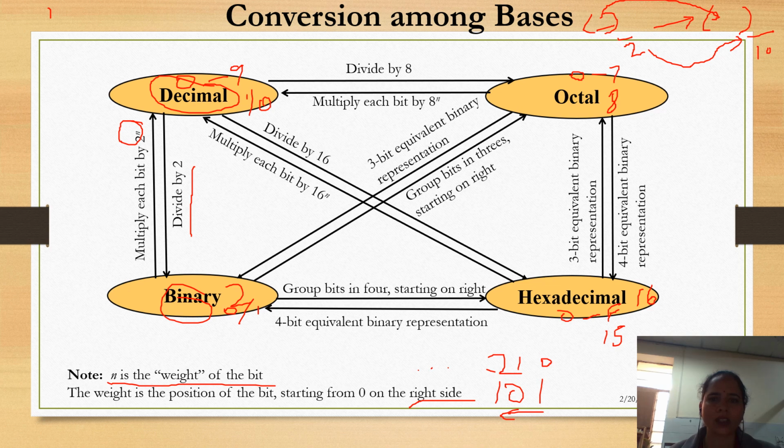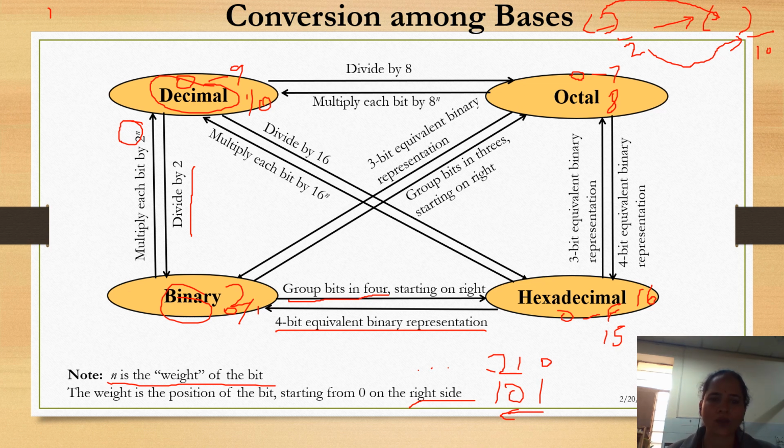Now, if we want to convert a binary number into hexadecimal, we group the bits into 4-bit combinations from right to left. If we want to convert hexadecimal to binary, we take the 4-bit equivalent binary representation.